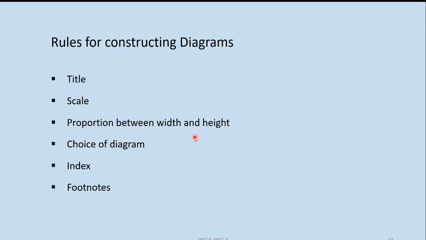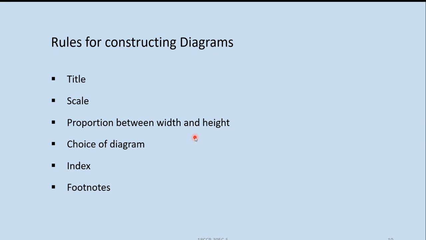Every time we draw a diagram, we should give a title to the diagram. Even when we are constructing a table, we have to give a title for the table also. Otherwise, the user cannot understand the concept at one go.